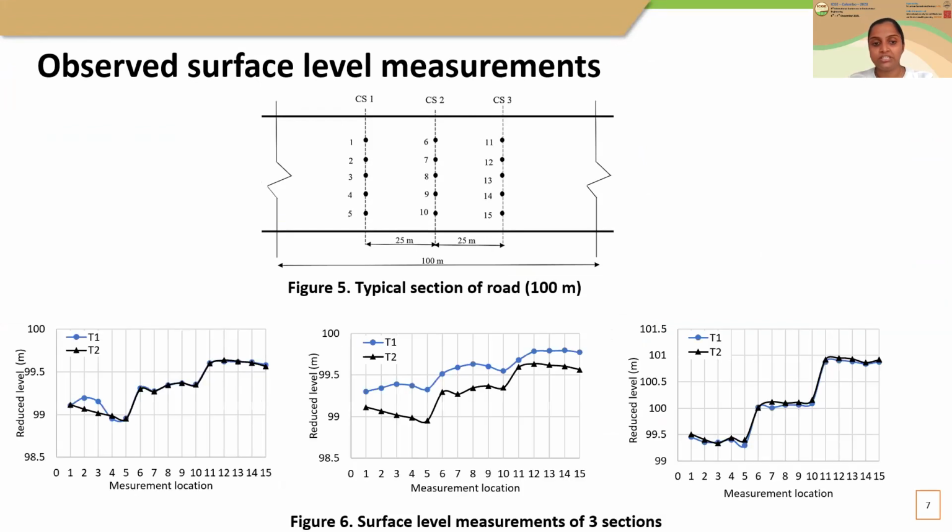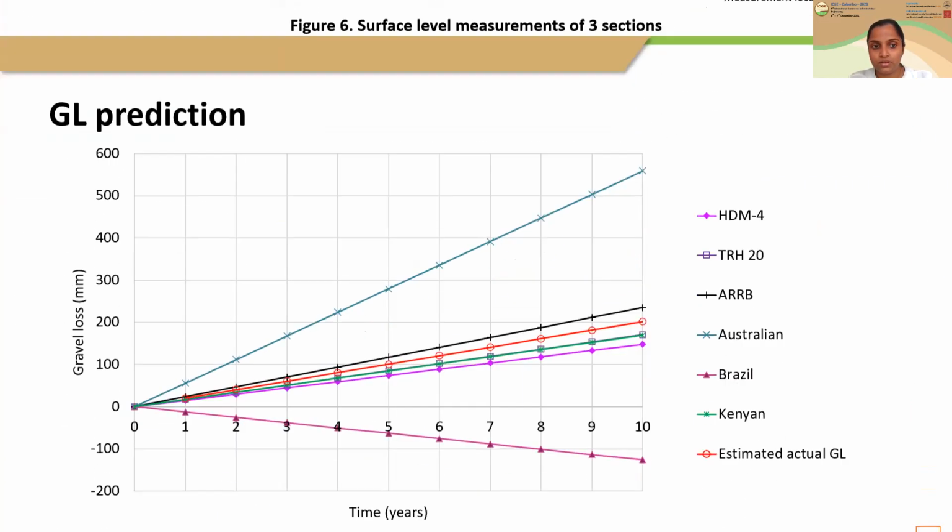The gravel measurements of these 15 points were recorded in T1 and T2. Here T1 refers to the initial data collection, and T2 was taken 2 months after the initial data collection. So the top surface layer level measurements are compared for the 3 sections separately.